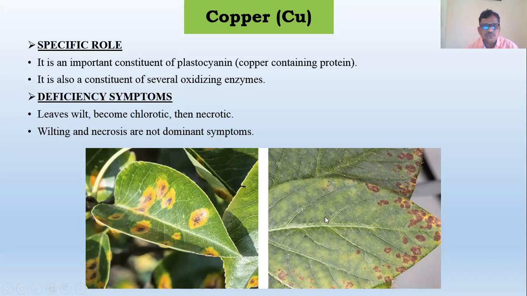So these are the important deficiency symptoms of copper. By observing these deficiencies, we are able to correct them by giving a copper containing fertilizer to the crop.